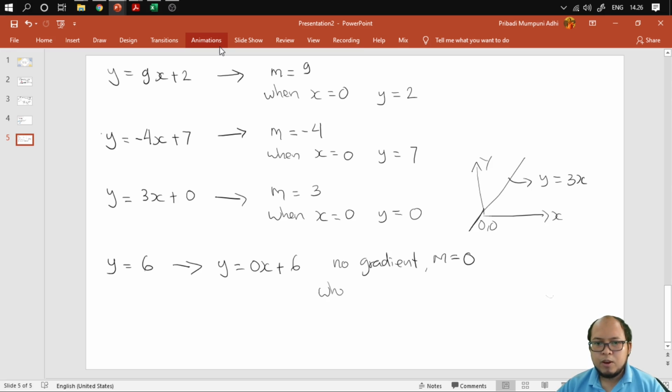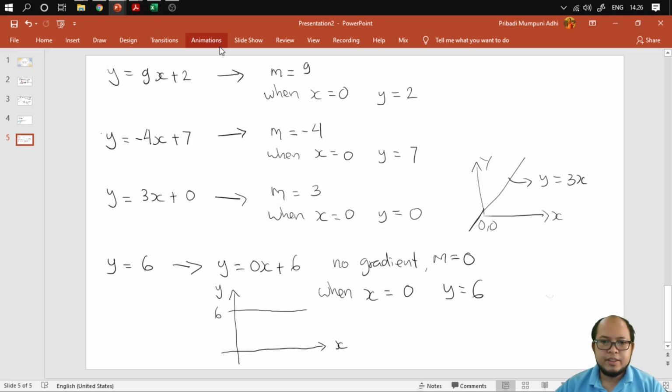And when x equals 0, y equals 6. So the graph will be something like this. This is 6. And this line is y equals 6.